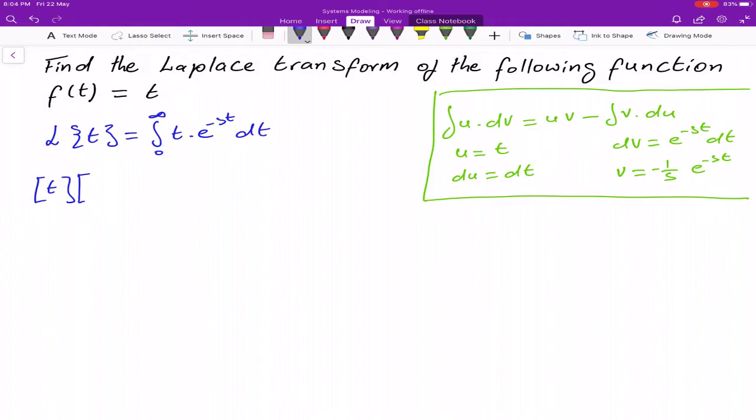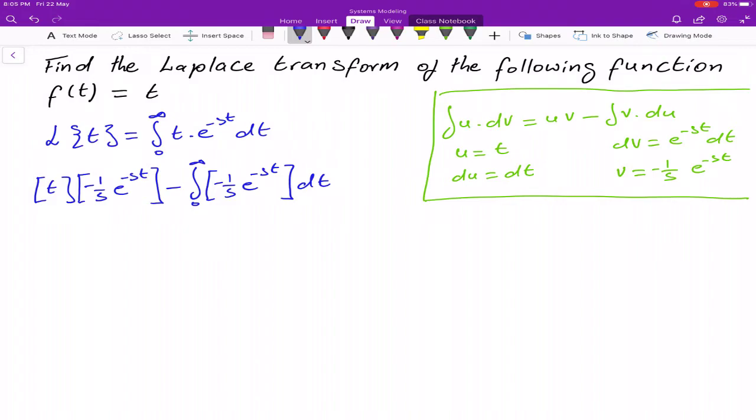V we have minus 1 over s times e to the minus st minus integral between 0 to infinity. V we have again minus 1 over s times e to the minus st, and du is just dt, so times dt.